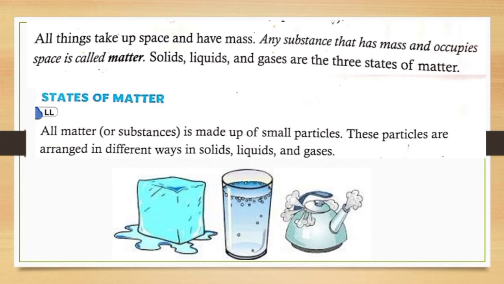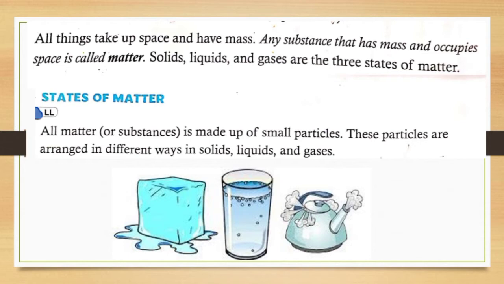Matter is made up of very tiny particles and these particles are so small that we cannot see them with the naked eye. It has been observed that matter exists in nature in different forms.